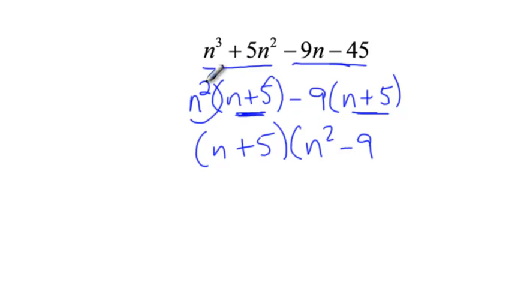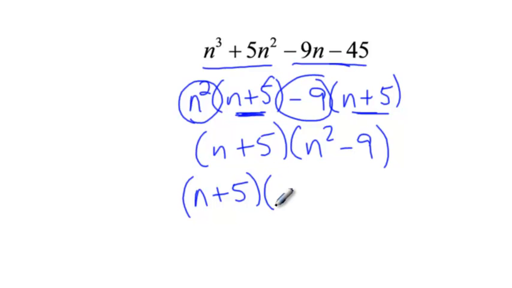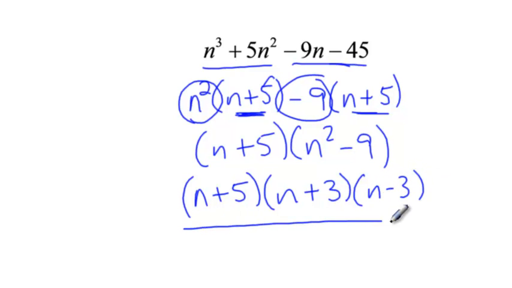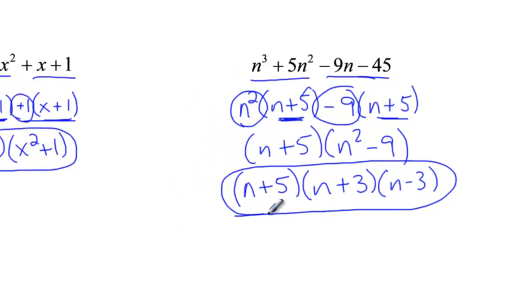I get the n squared from here, and I get the minus 9 from here. With this one, n plus 5 is our linear term, but n squared minus 9 is a difference of perfect squares. So I can rewrite it as n plus 5, and then from the perfect squares, n plus 3, n minus 3. Now I have 3 linear terms, and that is factored completely.